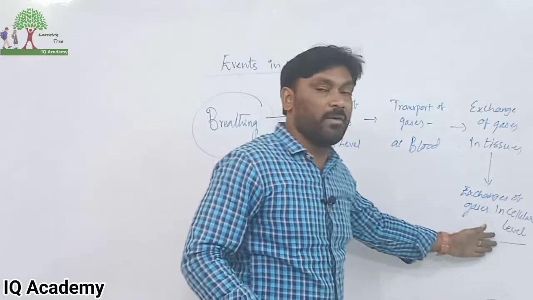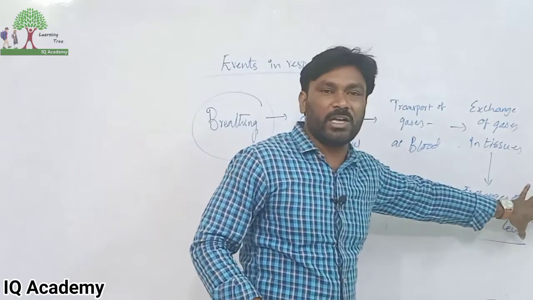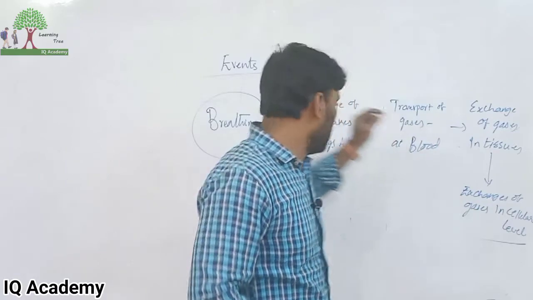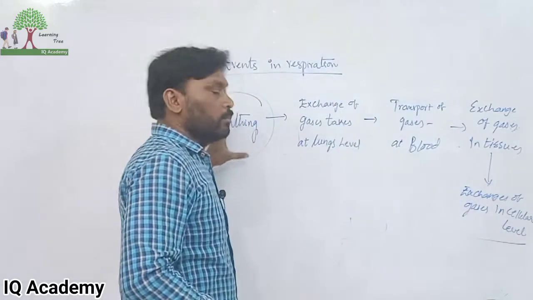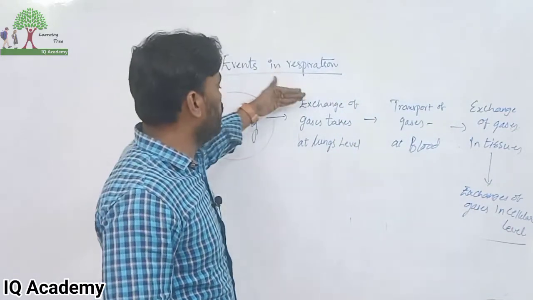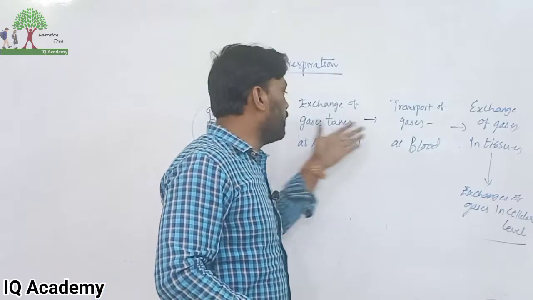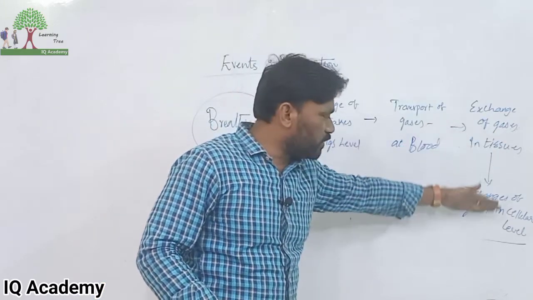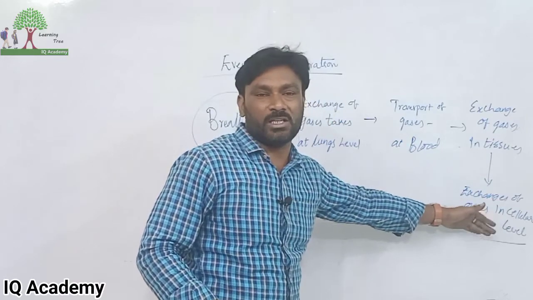In the cellular level, mixing of oxygen takes place. Each and every cell mixes with the oxygen. So first breathing, intaking of oxygen enters into lungs and mixes with the blood, mixes with the tissue, mixes with the cells. It's called as cellular respiration.